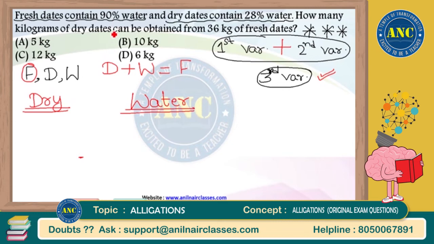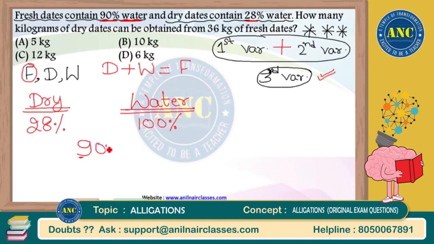Now see here, how much water do dry dates contain? Dry dates contain 28% water. Similarly, how much water does water contain? Water contains 100% water. Water is nothing but water only, right? Can water become something else? No. Water contains 100% water. Resultant is fresh dates. How much water is there in fresh dates? 90% water it contains.